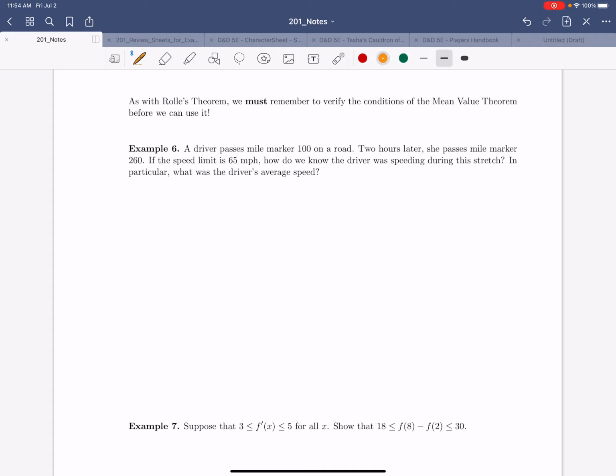Well, let's think about this. Let t be the time after driving past mile marker 100, and we're going to let f of t equal miles after marker 100.